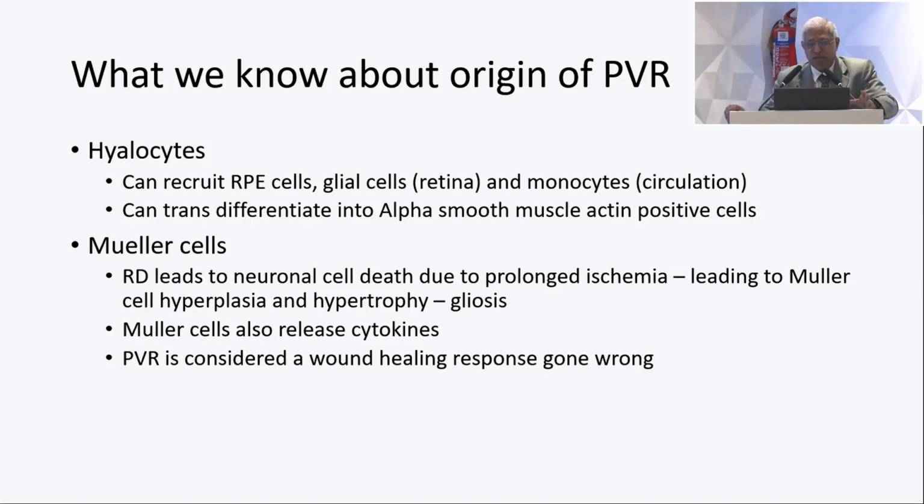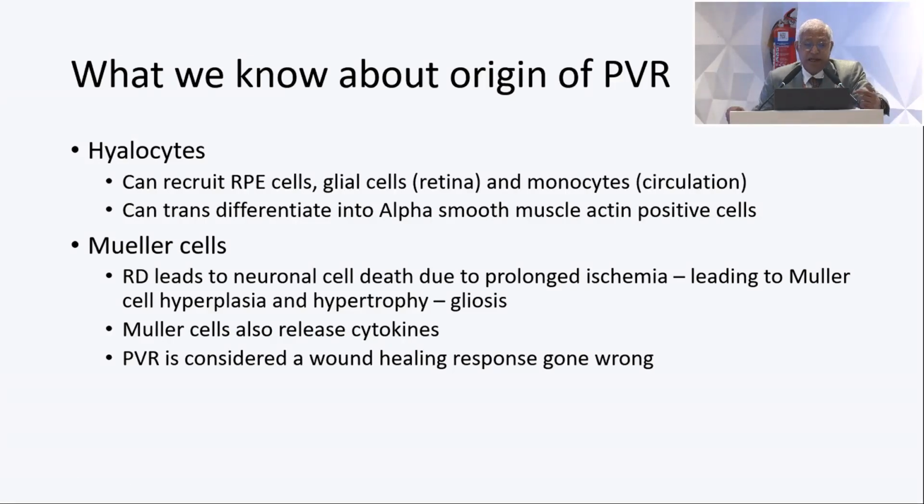In fact, their role has not been known very well until recently, and they have been shown to be important not only in the development of the retina itself embryologically, but also in the development of PVR. So they recruit RPE cells, they also recruit glial cells and monocytes, and actually can be responsible for PVR. And they can actually transdifferentiate into alpha smooth muscle actin positive cells, which contract and cause the fibrosis.